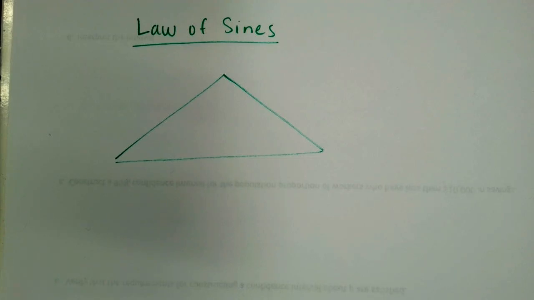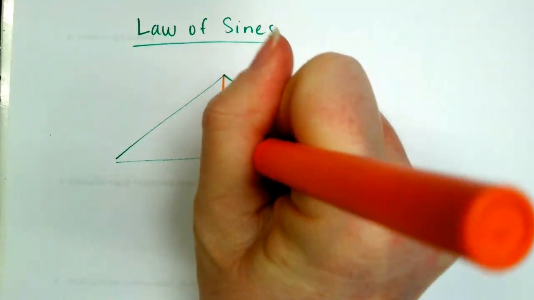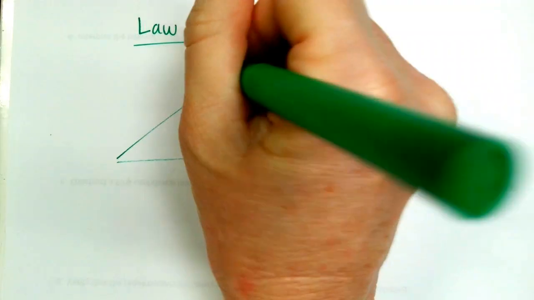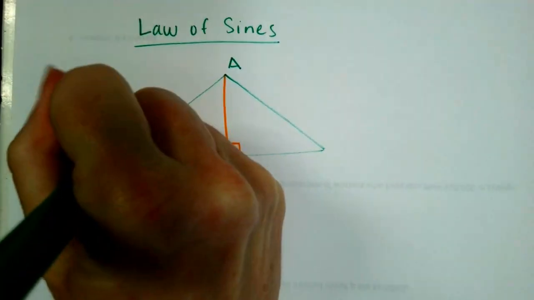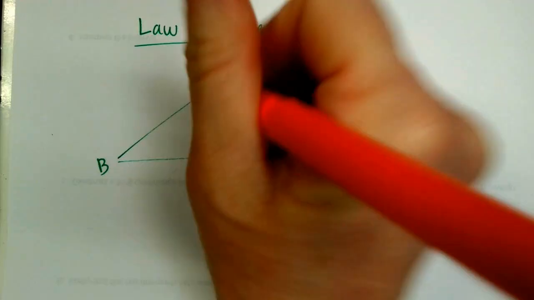But if I draw in an altitude like that, I have now created for myself two right triangles. So let's say that the big triangle, let me put letters on it, is triangle ABC. And whenever I draw in an altitude, that's a height. So we'll call it H.